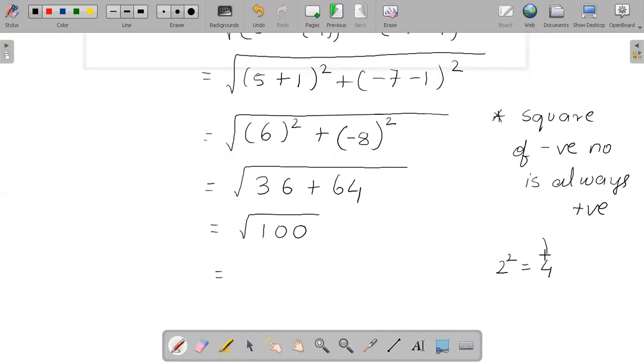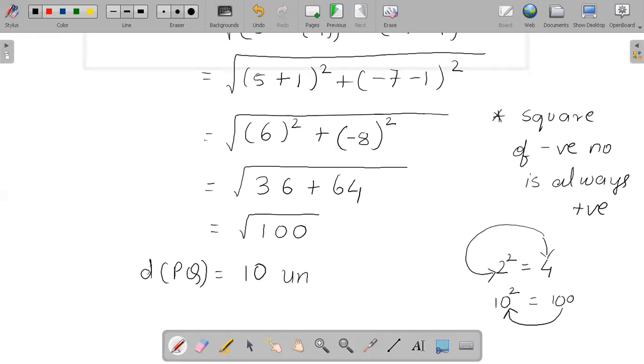So what will be the square root of 4? 2. Similarly, what is the square of 10? 100. So what will be the square root of 100? 10. So the distance between P and Q is 10 units. This is my final answer.